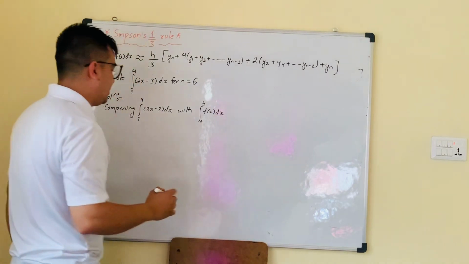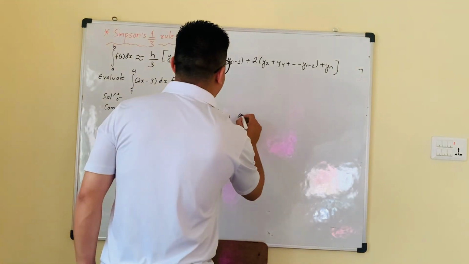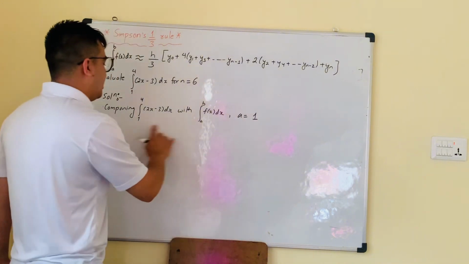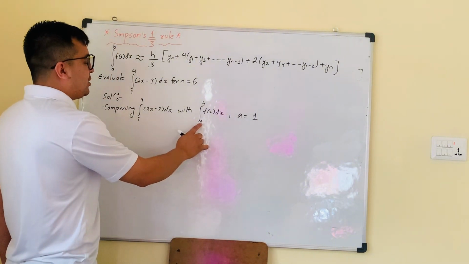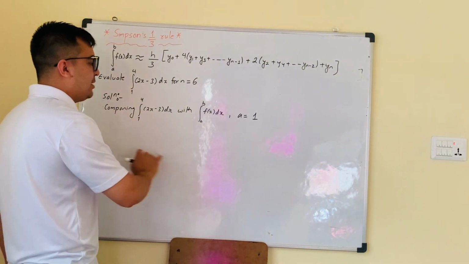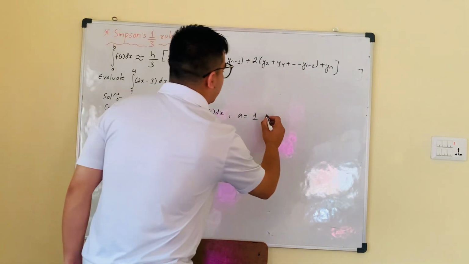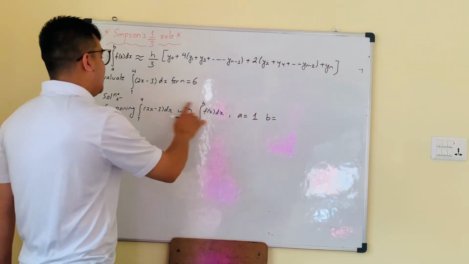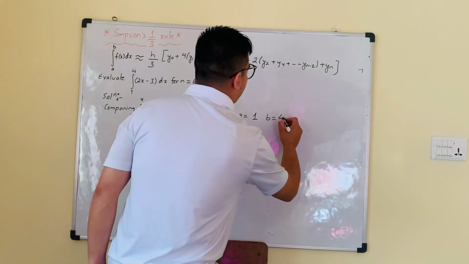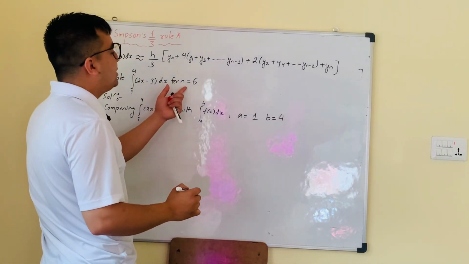What we get is a equals 1, the lower limit of this integral, and the upper limit b equals 4, and n is given as 6.